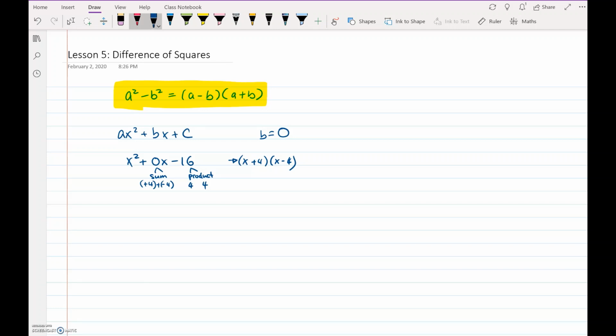So if I were to rewrite this part right here in the form a squared minus b squared, it would be x squared minus, because I don't need this part inside, minus 16. Or in the square form, it's x squared minus 4 squared. So I'm going to rewrite this formula here and just color code that for us.